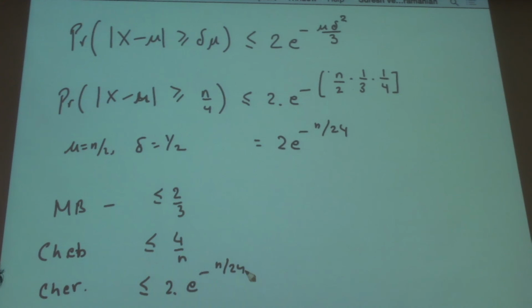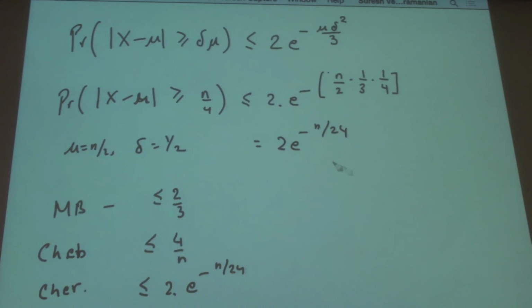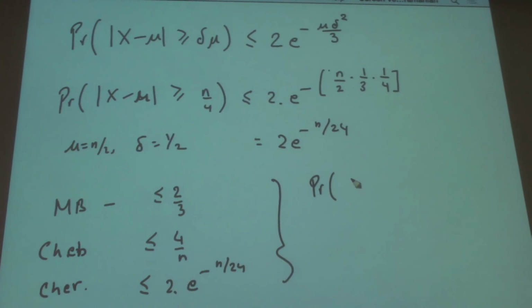It turns out you can show that the probability that x minus the mean is more than something like square root n log n has a probability of less than 2 over n.